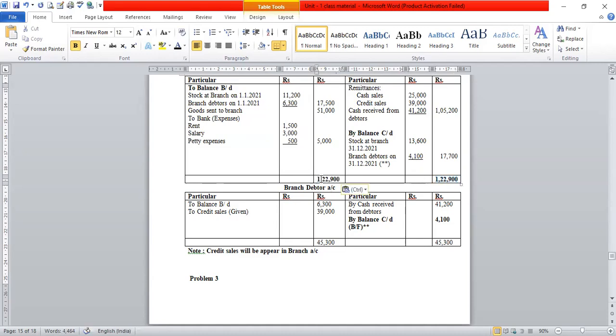Very nice. So now, what is our balancing figure here? Next level balancing figure, anyone? Obviously I noted it wrongly. I think this is right. Definitely it is wrong. Anyone?